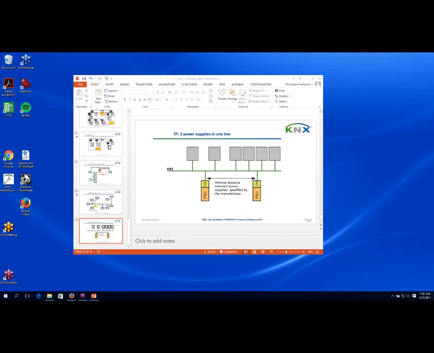Well, there are a number of interfaces. There are actually two right now in support. That means indeed there's a USB interface, and there are KNXnet/IP interfaces. And that's it, sir. That is what you can use in order to program a KNX installation.